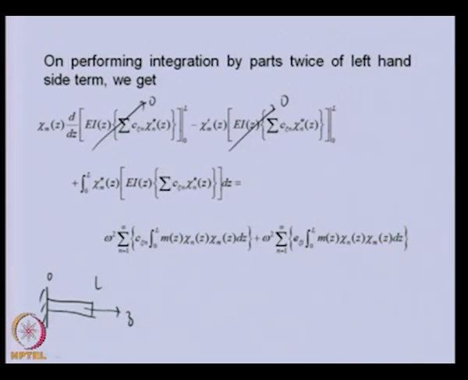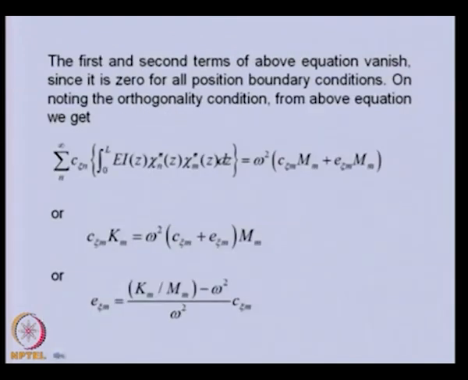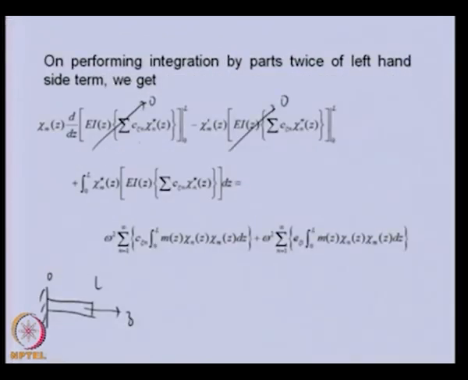Now, for the left out terms, we will apply the orthogonality conditions here. From the first term, the terms corresponding to m will be non-zero, and the other terms will be 0.